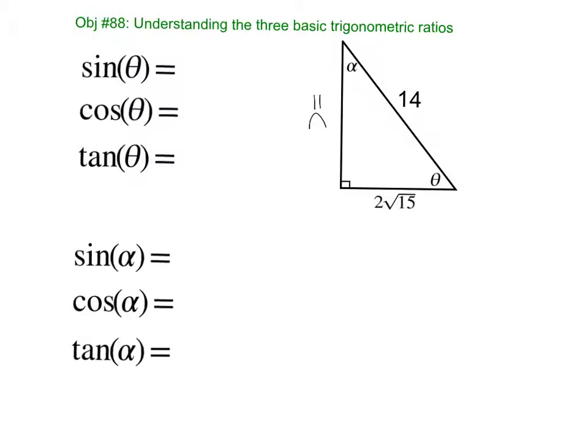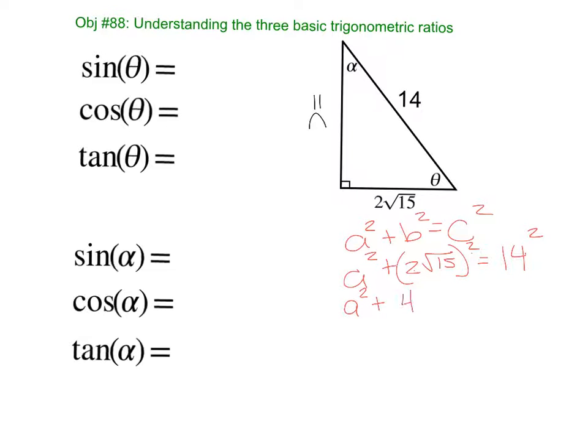Pythagorean theorem. A squared plus b squared equals c squared. So I'm going to do a squared plus 2 root 15 squared equals 14 squared. Now, our last lesson, that last slide, I went over how to do this specifically because of this lesson. So we have a squared plus 2 squared is 4.